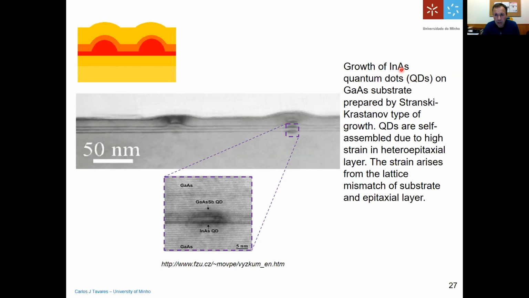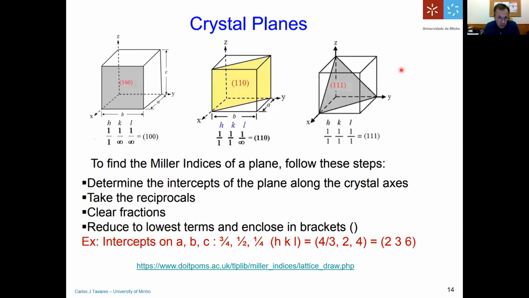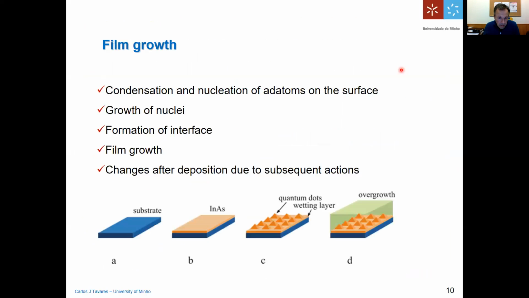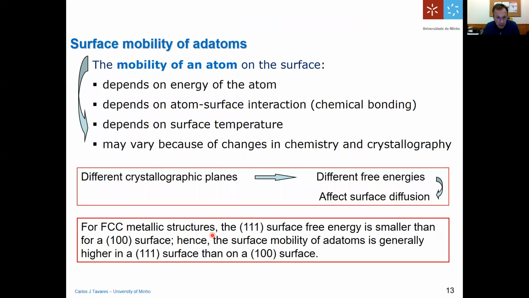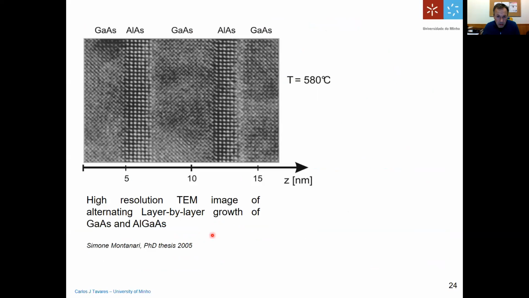Basically it's the same that we have here. What I'm trying to show you is what develops here, which can be induced by lattice mismatch, or can also be induced by other mechanisms, which I'll be showing you in this case.